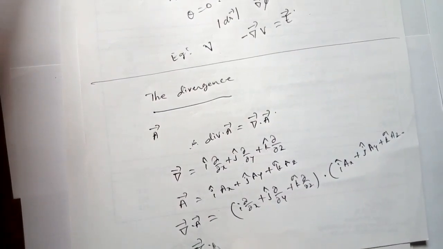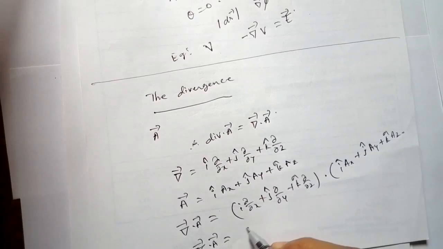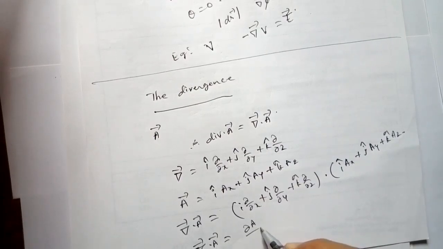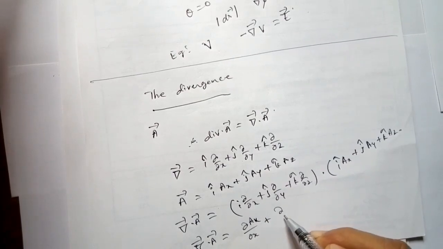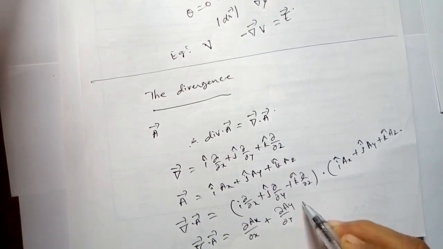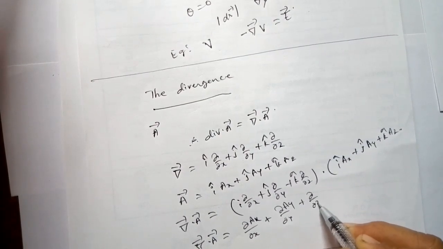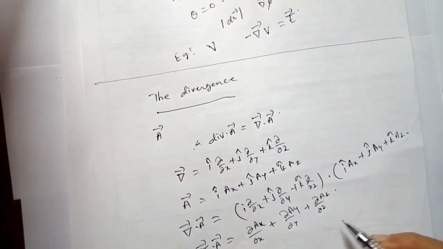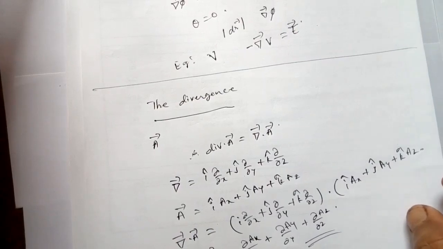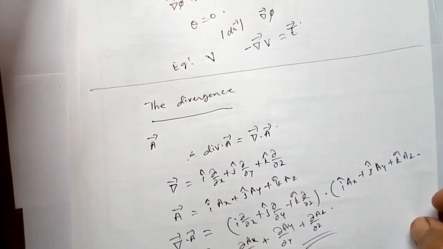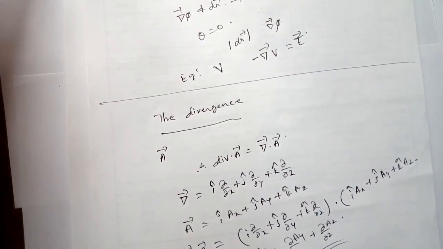Or del dot A is equal to dou by dou x of Ax plus dou by dou y of Ay plus dou by dou z of Az. That's exactly the mathematics. So the divergence operation on a vector yields a scalar function, del dot A. What is the physical significance of this?